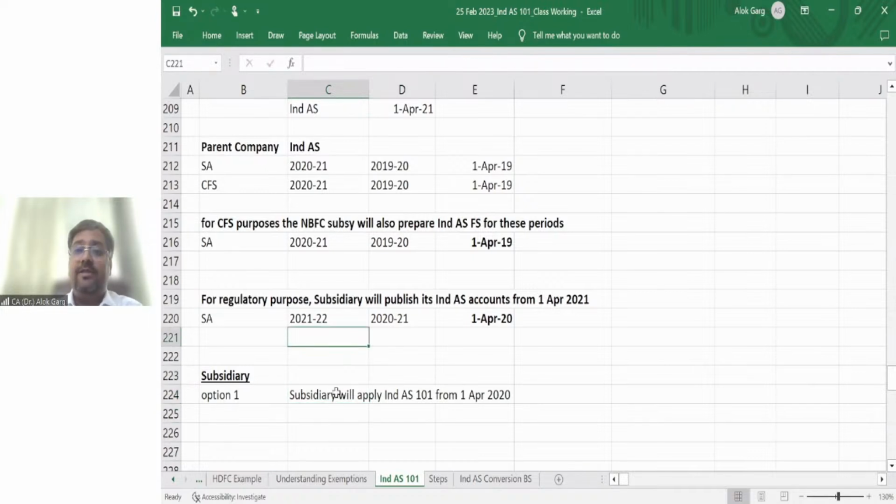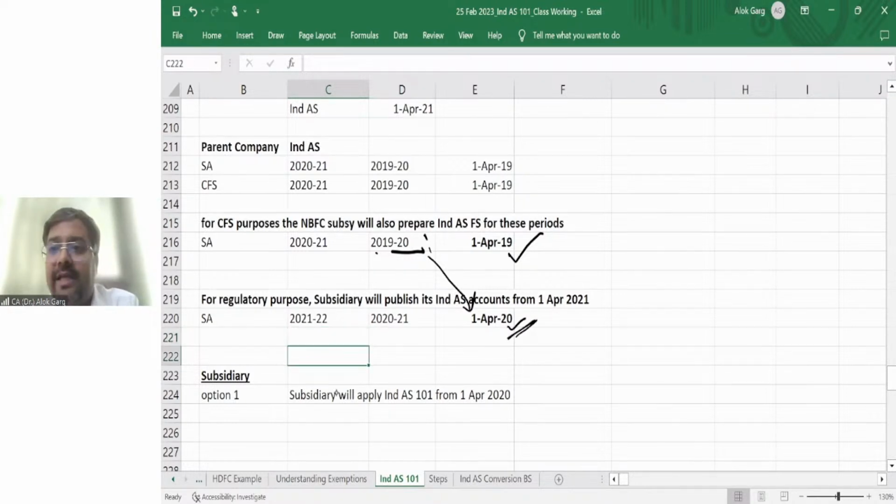You can see that the subsidiary first applied the Ind AS 101 exemptions and exceptions on 1st April 2019. Now they will apply from 1st April 2020. So instead of applying 101 again on 1st April 2020, can't they do this? They have already prepared 31st March 2020 financials as per Ind AS, the 2019-20 financials. So whatever Ind AS number is there on 31st March 2020 will be the 1st April 2020 number, as simple as that, right? So whatever Ind AS number already exists on 31st March 2020 for the parent's purpose, the same number becomes the Ind AS number on 1st April 2020.